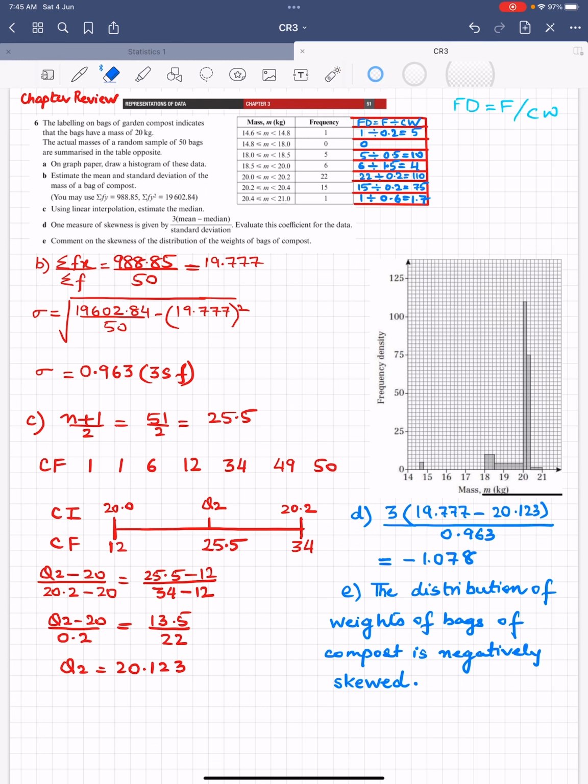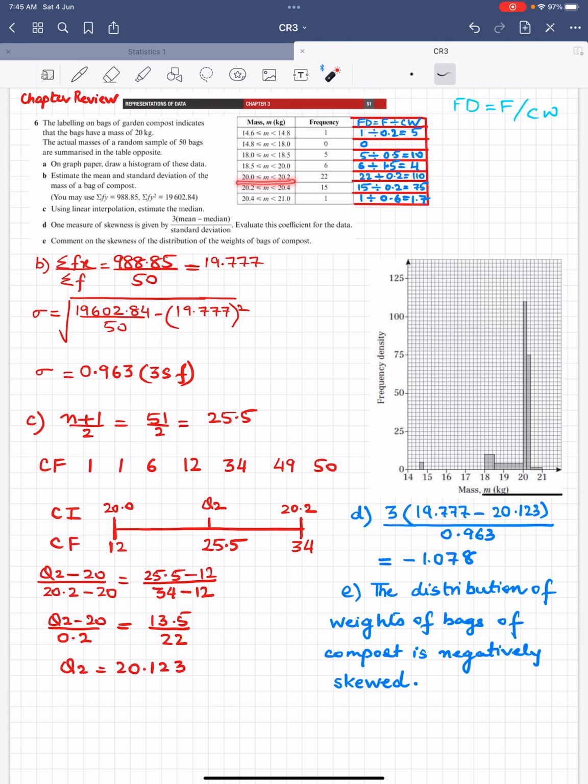For that, we need to have the cumulative frequency. So here is our cumulative frequency. The 25.5th value comes in the first, second, third, fourth, fifth class interval. So here we write the class interval, which is the fifth class interval, from 20 to 20.2.